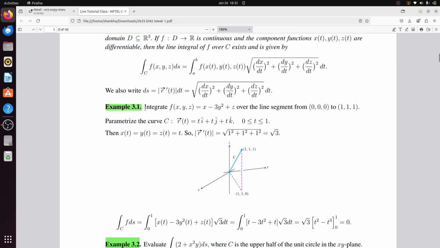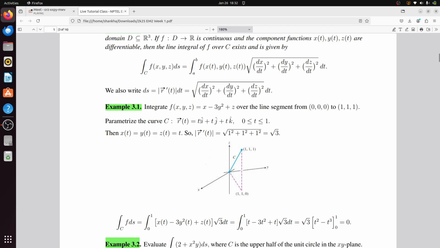First, integrate f(x, y, z) equal to x minus 3y squared plus z over the line segment from 0 0 0 to 1 1 1. You need to parameterize the curve C. So what will be the parametric representation of that curve?